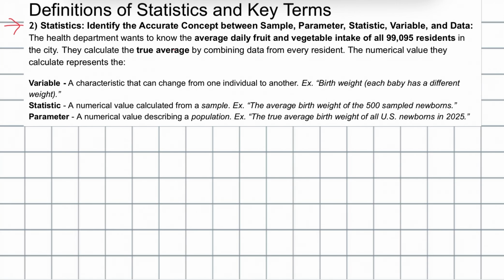They calculate the true average by combining data from every resident. So they analyze every resident, basically analyzing the whole population, right? And they're trying to look for the true average. The numerical value they calculate represents, in this case, a parameter.